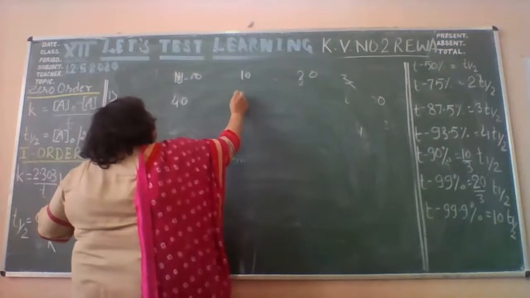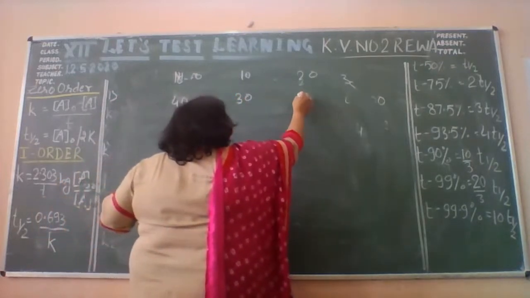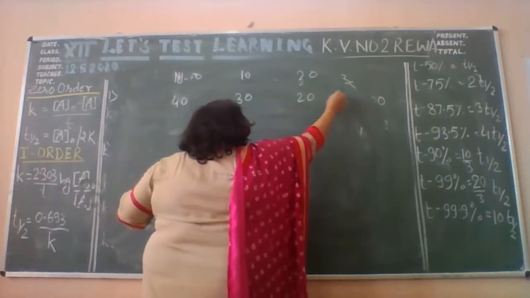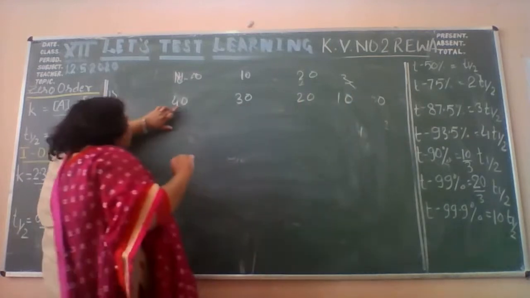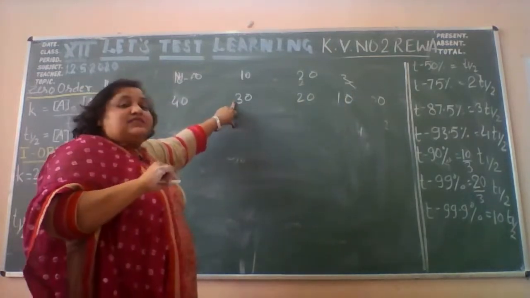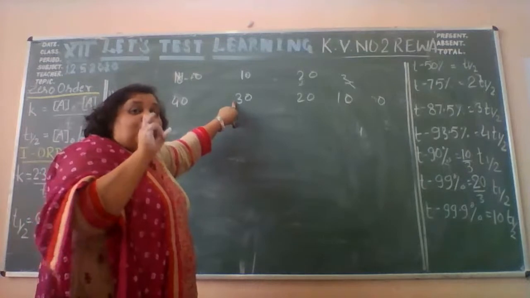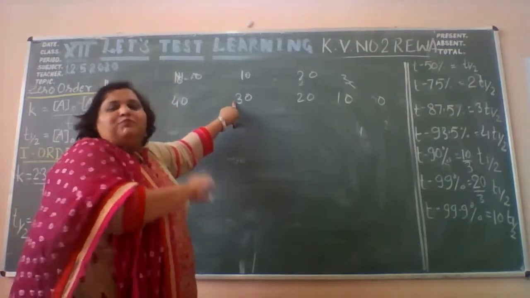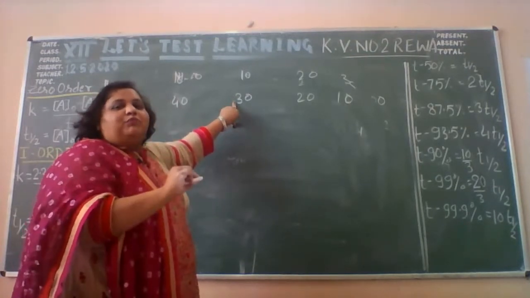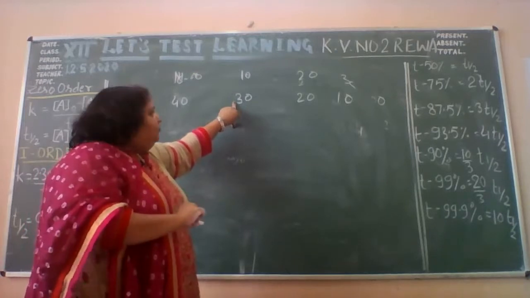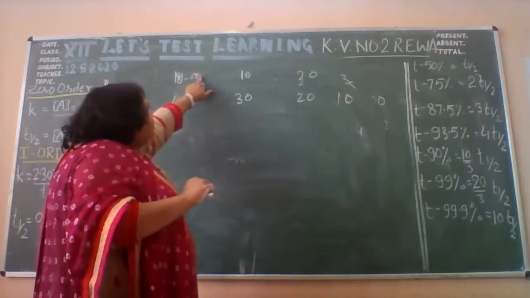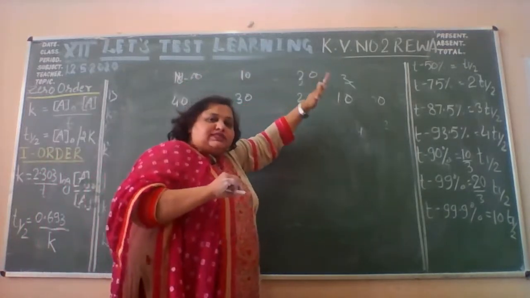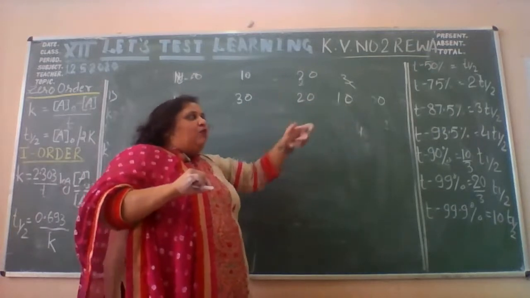In this case, you can see its percentage is not the same. The amount is the same. This is the basic difference whenever you compare zero order and first order. In the same time interval, the amount is the same.